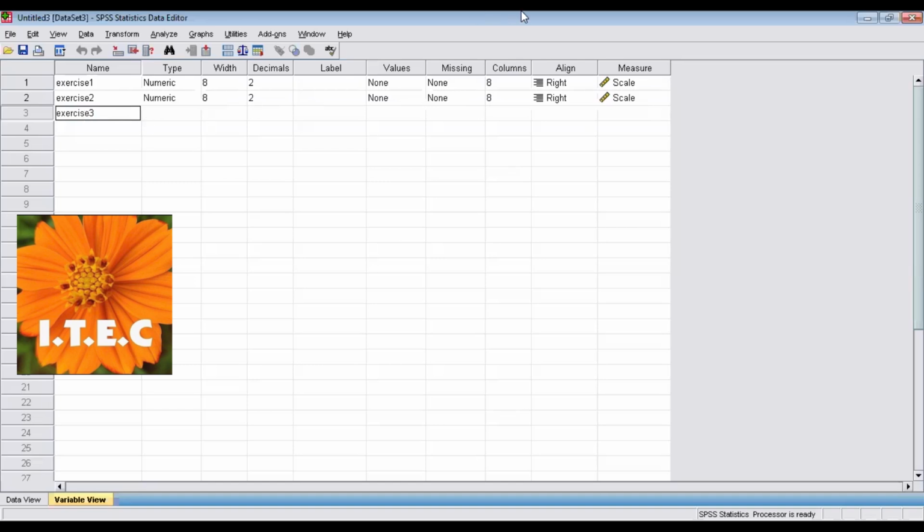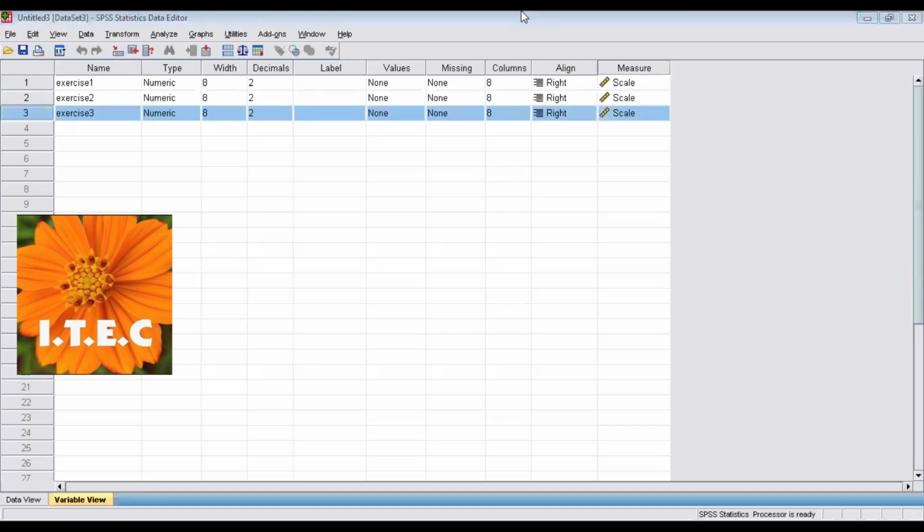Suppose I am taking only 3 exercises. If you want, I can take more also. In fact, McNemar is better than the chi-square, but both cannot be compared; chi-square requires nominal scale data and McNemar requires ordinal scale data.